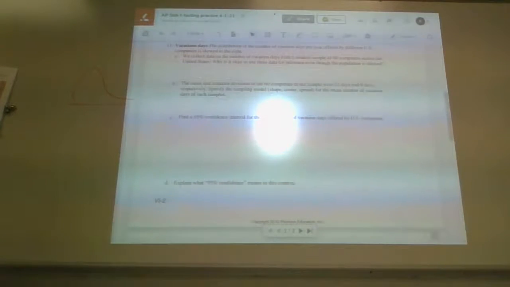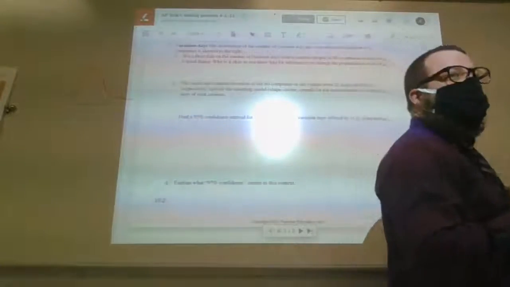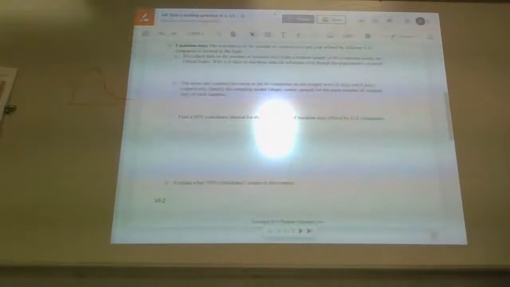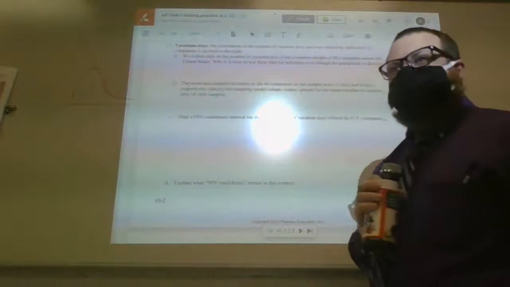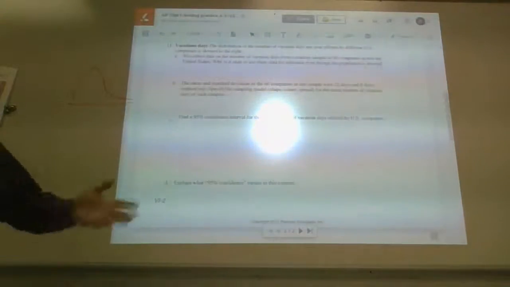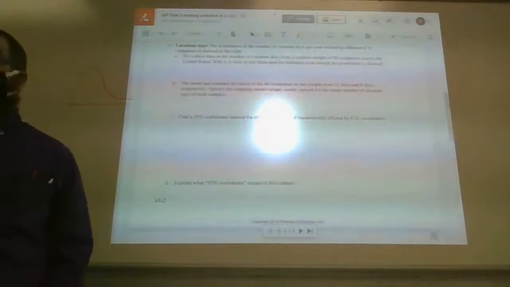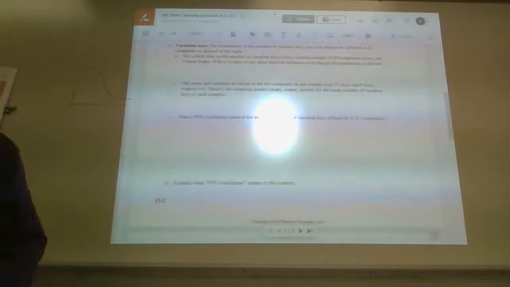So it's been a while. What would be an assumption and condition that we would need to hit for this information? Definitely random sample, which they told us. We'll take their word for it. What else? Independence, which we did talk about.